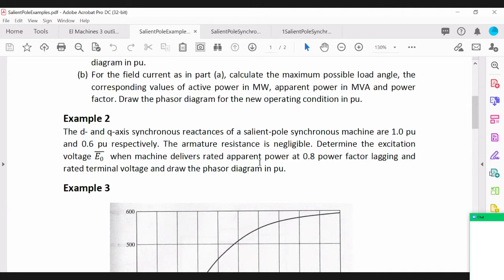Okay, so given just the q-axis and d-axis reactances, as well as the power factor, and given that it's operating at rated power, we will analyze the entire machine and draw the phasor diagram for this particular operating point, which is full load, meaning a rated apparent power at 0.8 power factor lagging, and we will draw the phasor diagram.